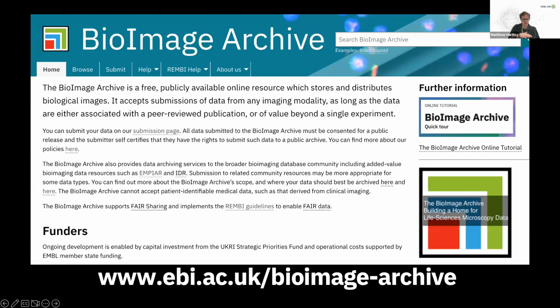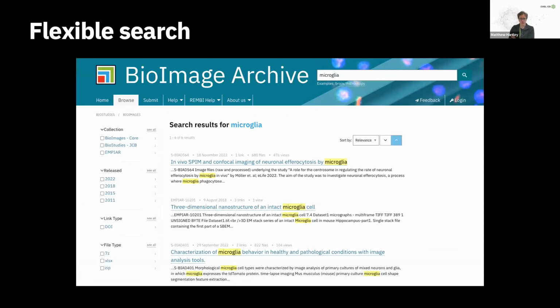The primary route to interact with us is through our website, and the website serves the two main functions of both submitting data, which you'll hear about more from Oberke and Teresa, and interacting with and downloading our existing data. And that data is primarily accessible through search.